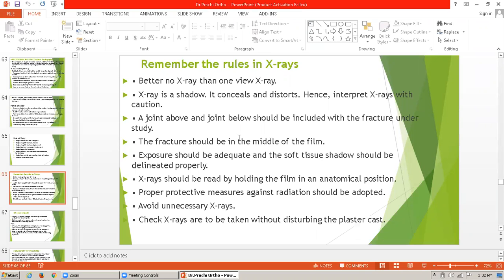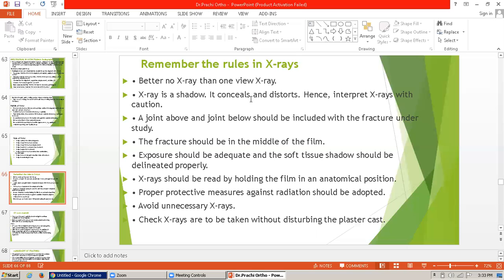Then exposure should be adequate and soft tissue shadow should be delineated properly. Read the X-ray by holding the film in an anatomical position, and proper protective measures against radiation should be adopted. So avoid unnecessary X-ray and check that X-rays are taken without disturbing the plaster cast.